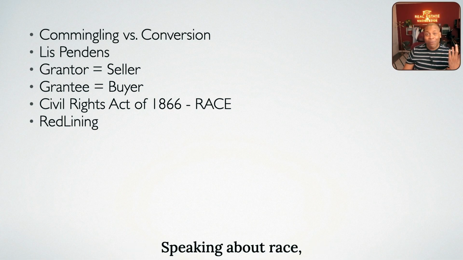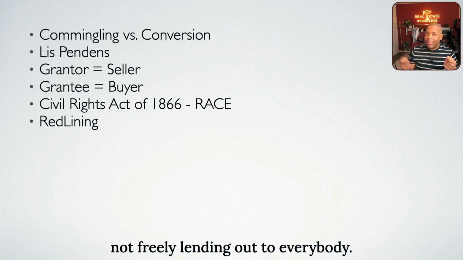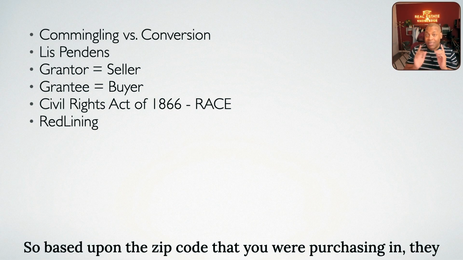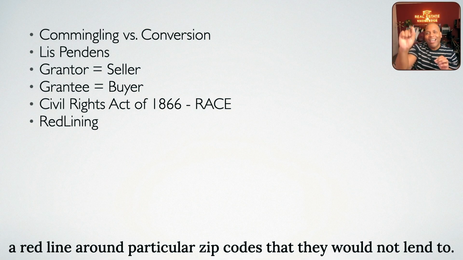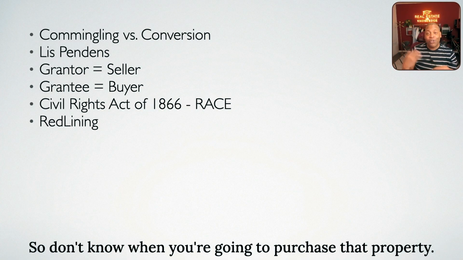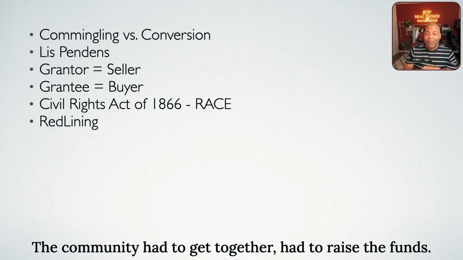Redlining. Speaking about race, redlining. Back in the days, lenders were not freely lending to everybody. Based upon the zip code you were purchasing in, they had these big, huge maps in their office, and they would draw a red line around particular zip codes that they would not lend to. So the community had to get together and raise the funds.